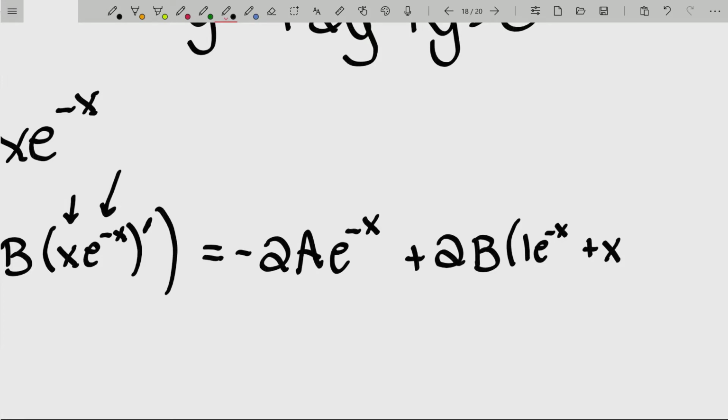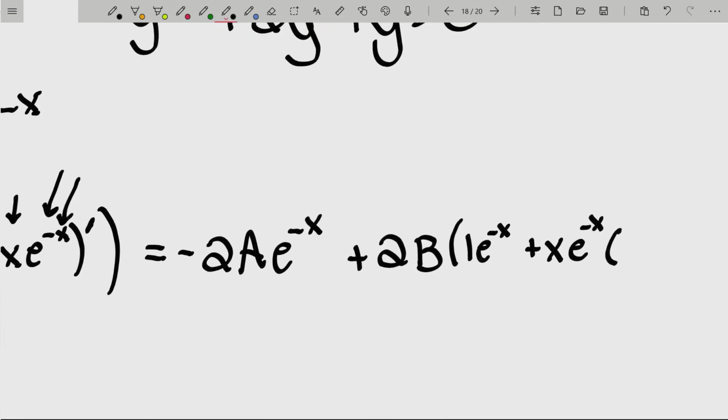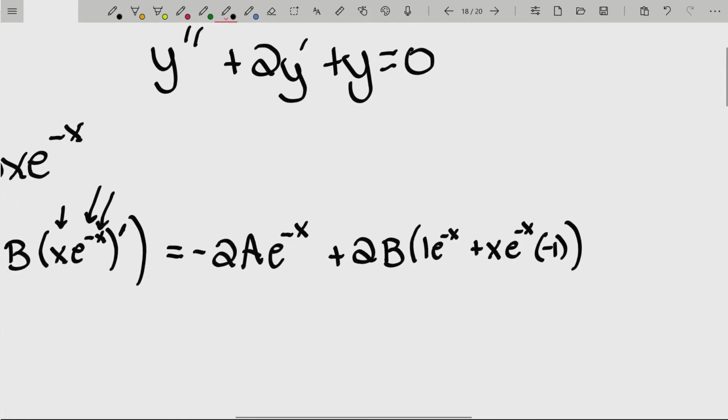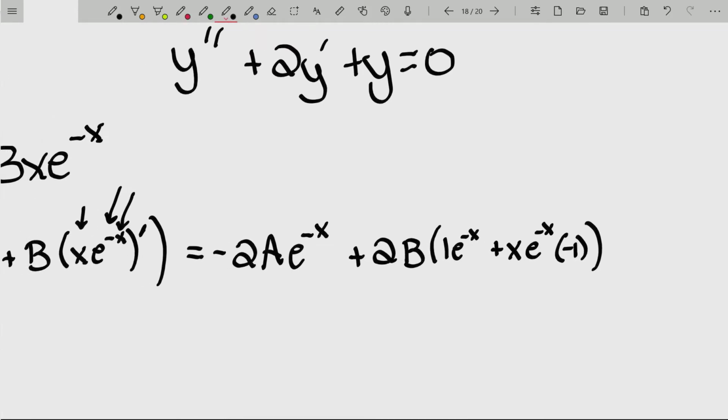Well, let's again have a conversation about that. The derivative of e to a power is e to that power. But then you have to take the derivative of the power itself. And the power is negative x, so the derivative of a negative x is a negative 1. Let's go ahead and clean that up. Let's see, I get negative 2a.